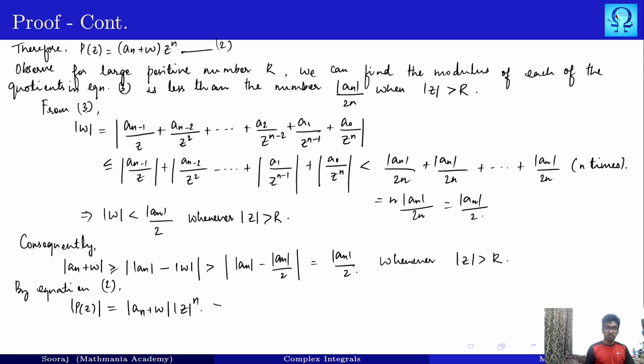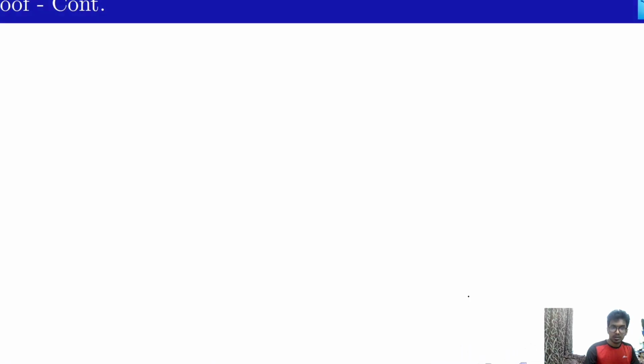The first quantity is bigger than absolute of an upon 2 and this quantity is bigger than r to the power n, right? So this is happening whenever absolute of z is bigger than r. So let us mark this as equation 3, right?